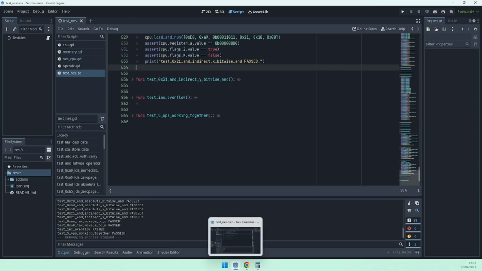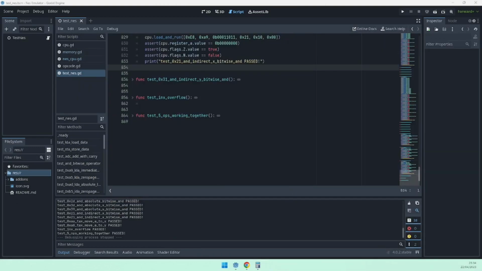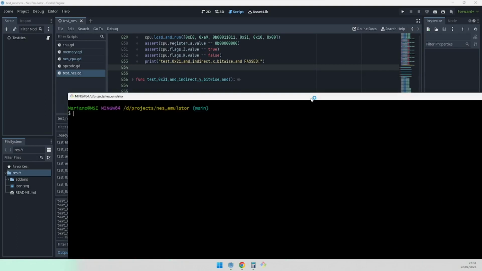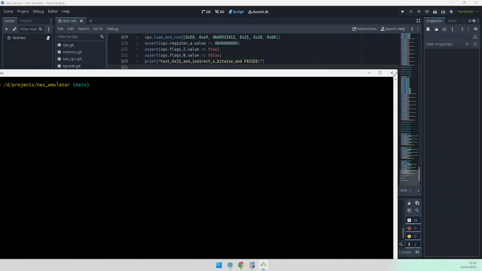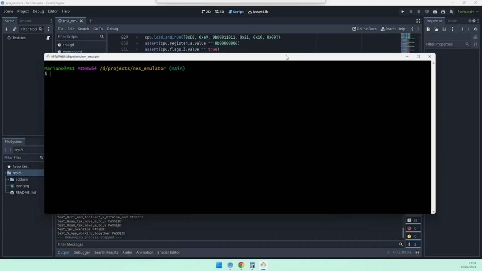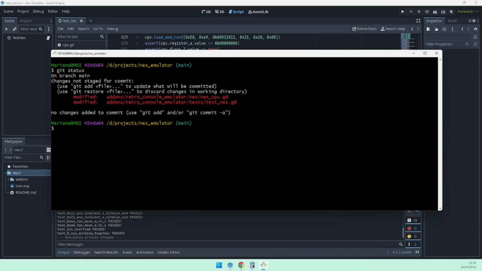Okay. So let's make a commit with everything we did. I will put this over here and open a bash console. Git status, we changed only 2 files.